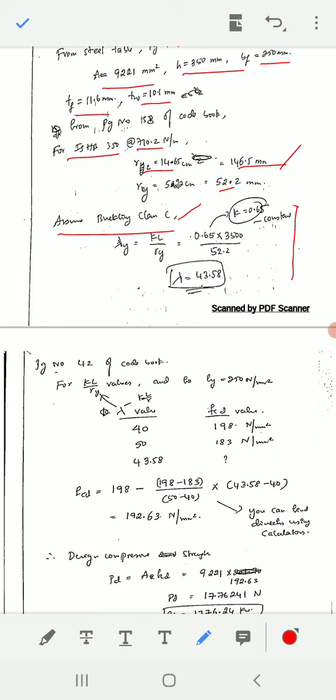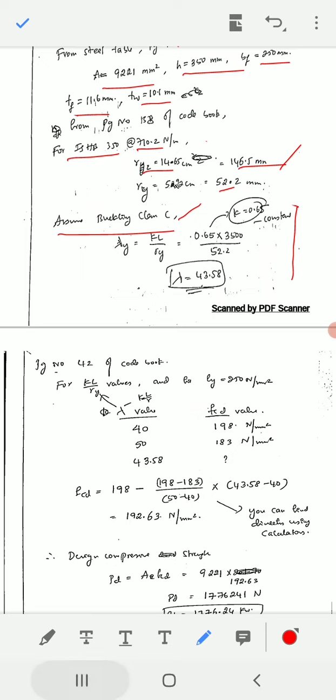We have written that assuming buckling class C. So page number 42, there will be a table. Find out the lambda and FCD values. FCD is nothing but the design compressive stress. This value we have to find out from page number 42. There will be a table of KL by R values, FY values and FCD values.